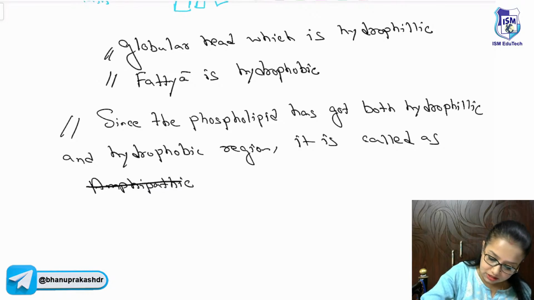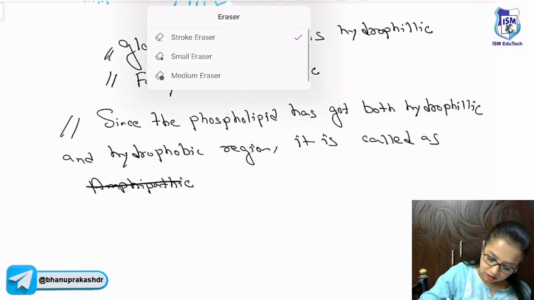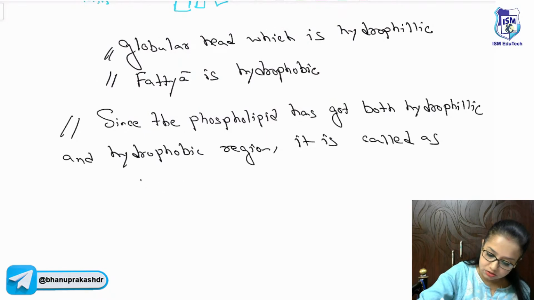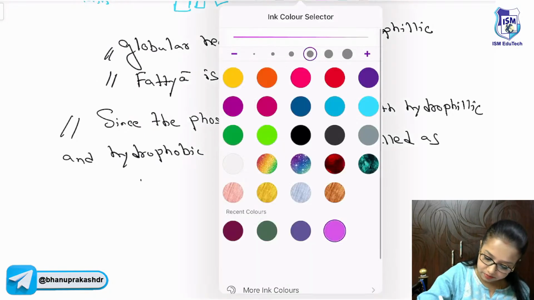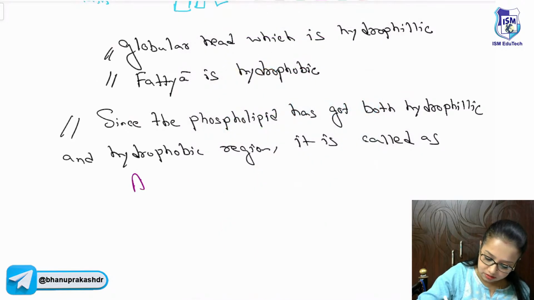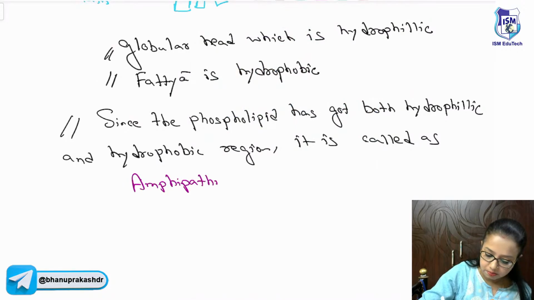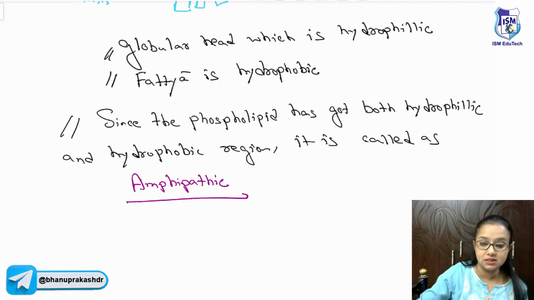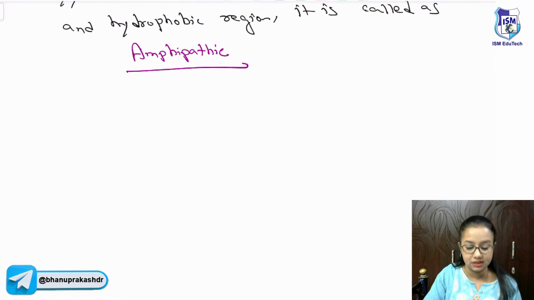That means it has got both hydrophilic and hydrophobic parts. So it is amphipathic in nature. The cell membrane is amphipathic in nature.